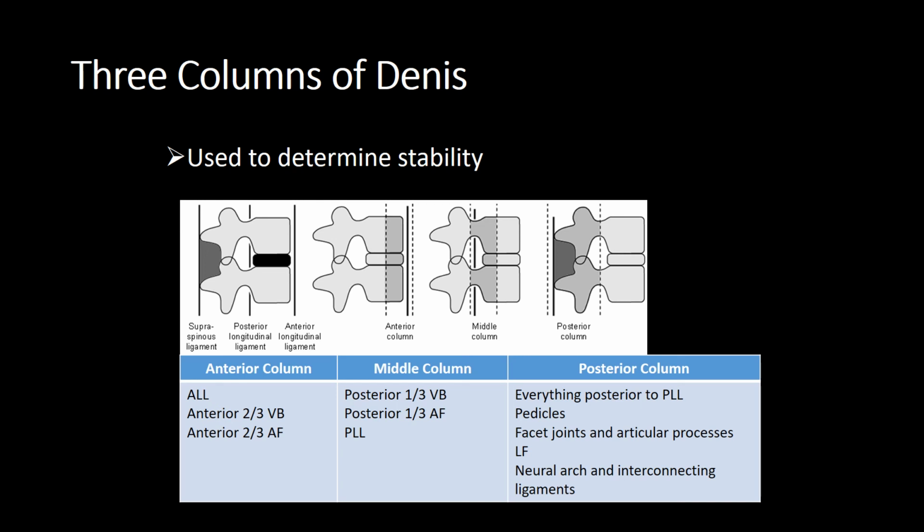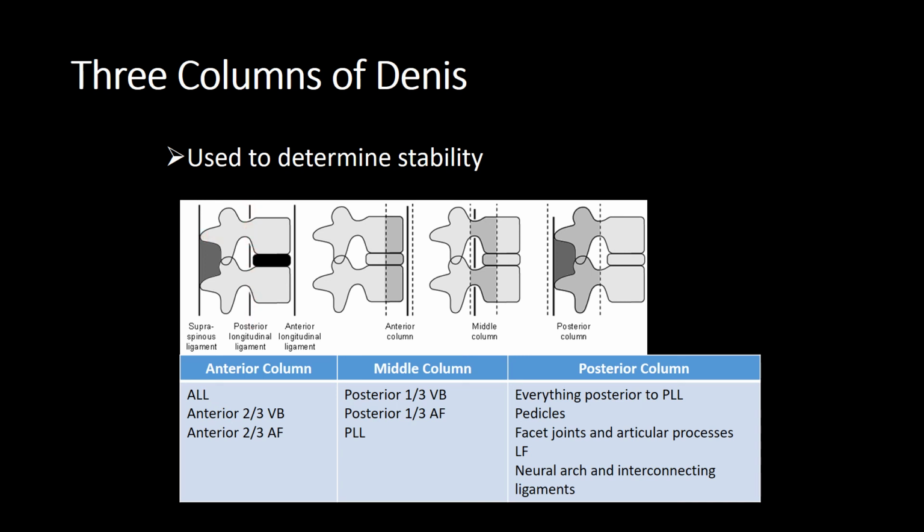So let's quickly go through the structure of a vertebra. We've got the anterior longitudinal ligament that runs down our anterior vertebral bodies. We've got our vertebral bodies, our intervertebral disc, running along the posterior cortex of the vertebral bodies is the PLL, the posterior longitudinal ligament.